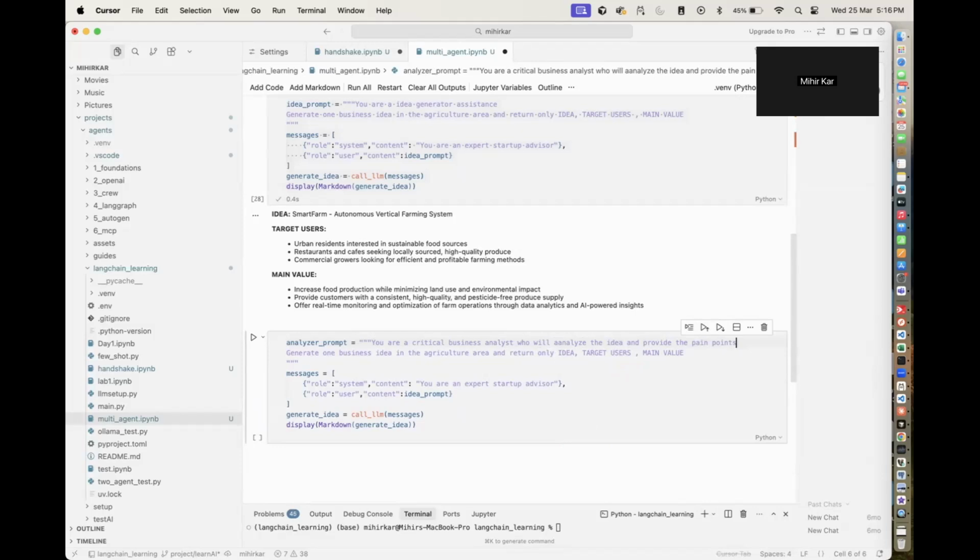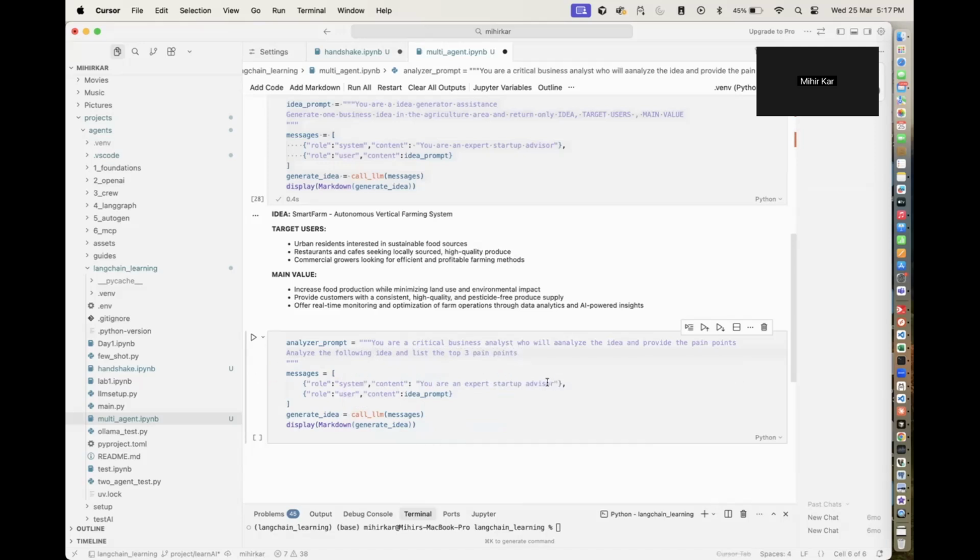So the pain points prompt, what we'll mention here. Analyze the following idea and list the top three pain points. Okay.